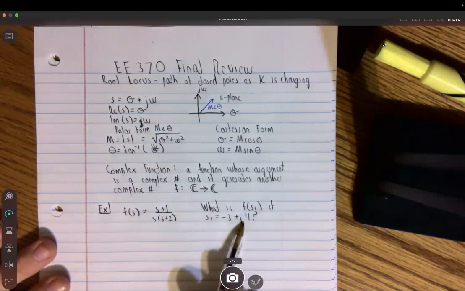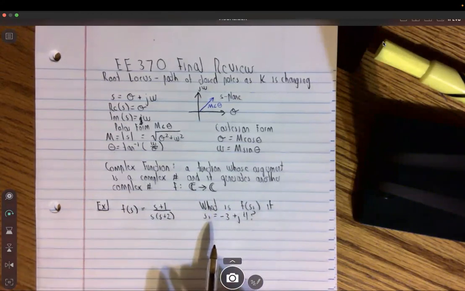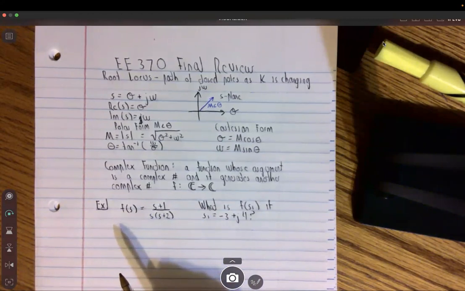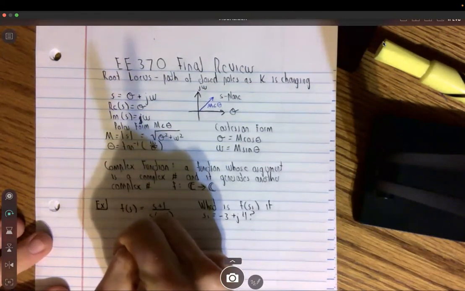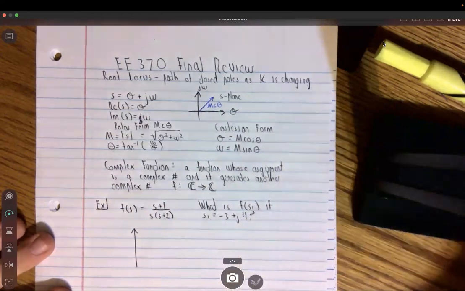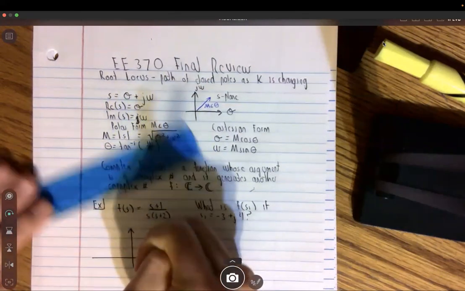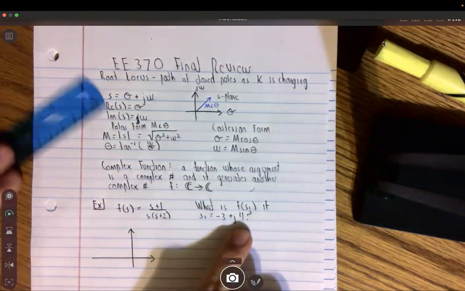We can tell off the bat this is a complex number. It has a real part and an imaginary part. And so if we show this in our Cartesian format here, this is -3 plus j4.